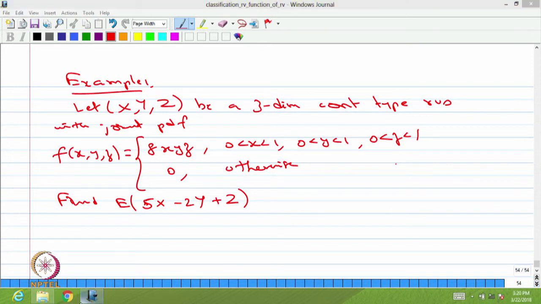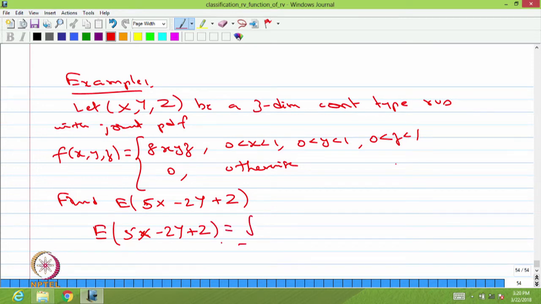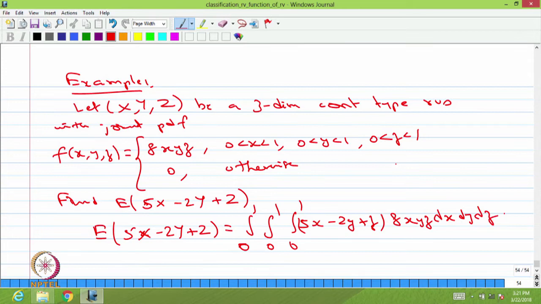That is, the expectation of 5X minus 2Y plus Z is the same as, since X, Y, Z lie between 0 and 1, the integral from 0 to 1, 0 to 1, 0 to 1 of 5x minus 2y plus z times 8xyz dx dy dz.